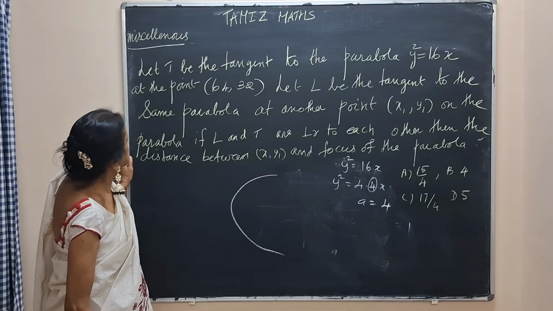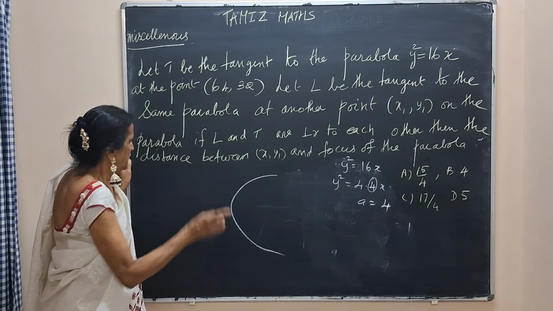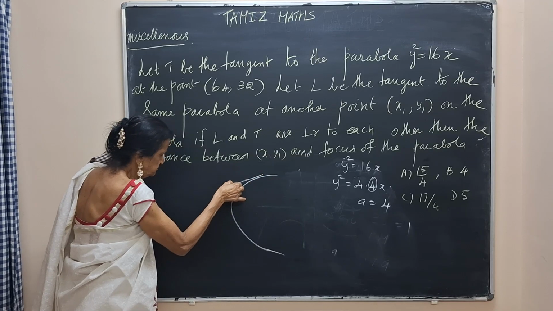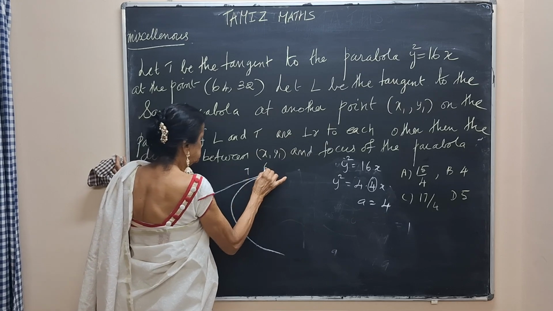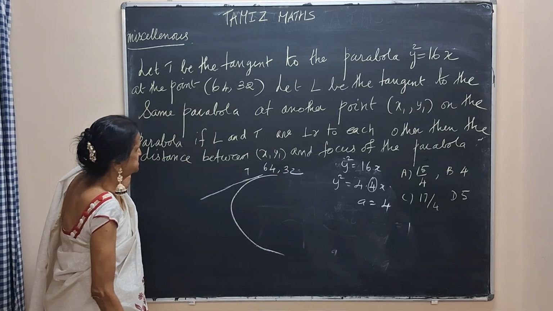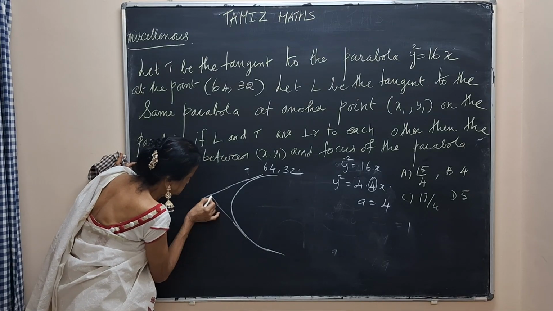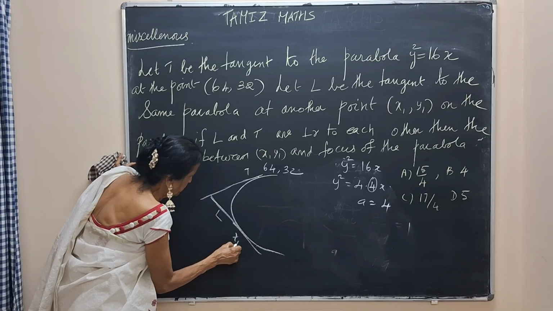Now, T is the tangent to the parabola at (64, 32). L is the tangent to the same parabola at the point (x1, y1).